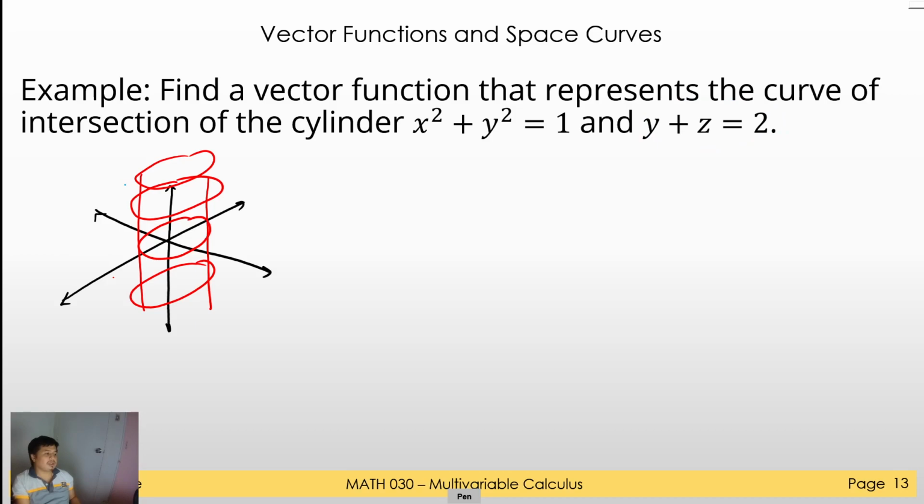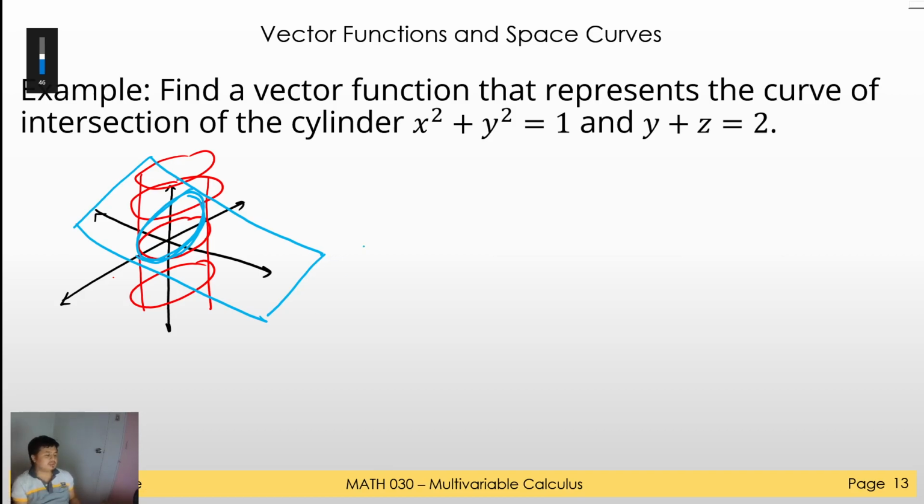The plane could be tilted in some way we do not know. I don't want to waste time drawing this plane, but we can imagine we have an arbitrary plane intersecting this cylinder, so we can recognize that, let's say, this is your intersection. You can imagine something like this.